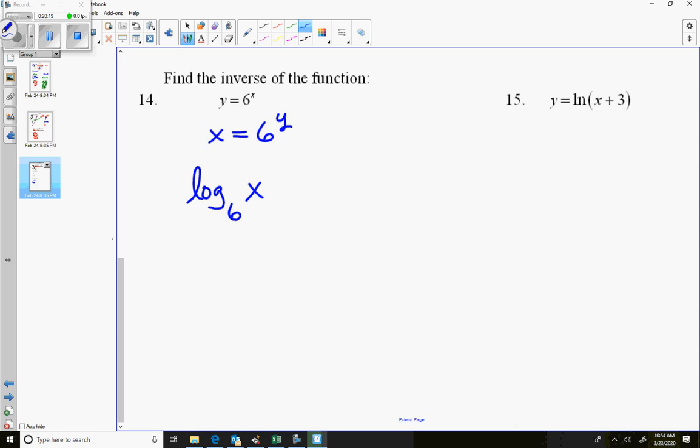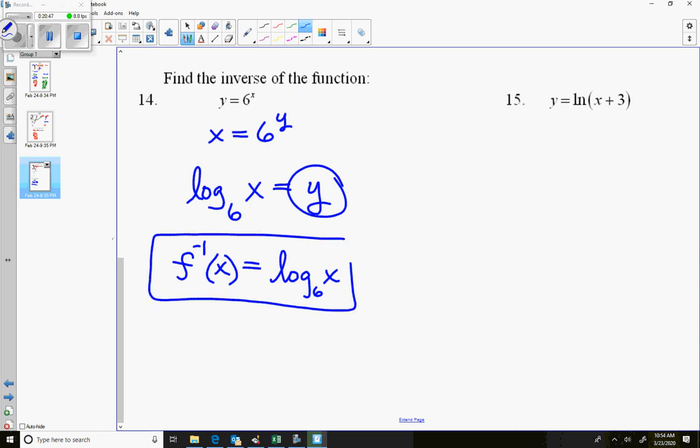What the exponential equals is the argument, and the exponent is what my logarithm equals. And that's basically the answer, except just as before, when we work with inverses, don't ever leave that as y. We want to change it to the inverse notation. So our inverse is log base 6 of x. That would be our answer to this problem.